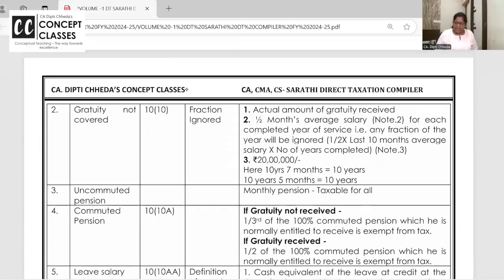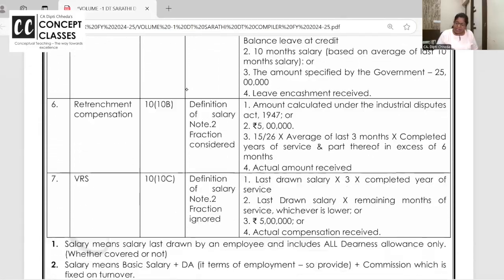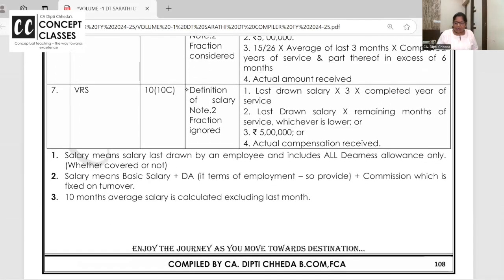I have again printed all the retirement benefits combined for your revision. This much effort is done in making this compiler, so that salary, I know there are some limits to be learned, right? Okay. Good, it has been more than 1.5 hours.